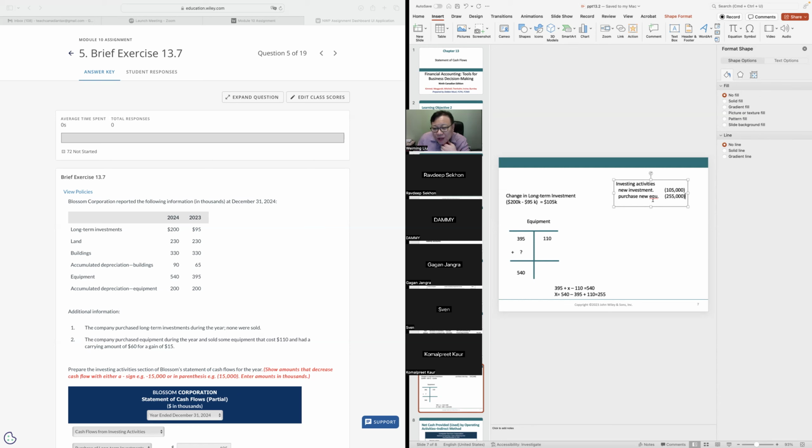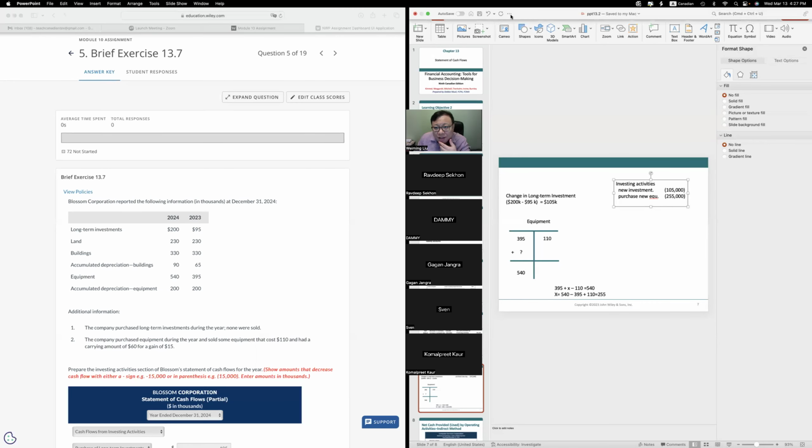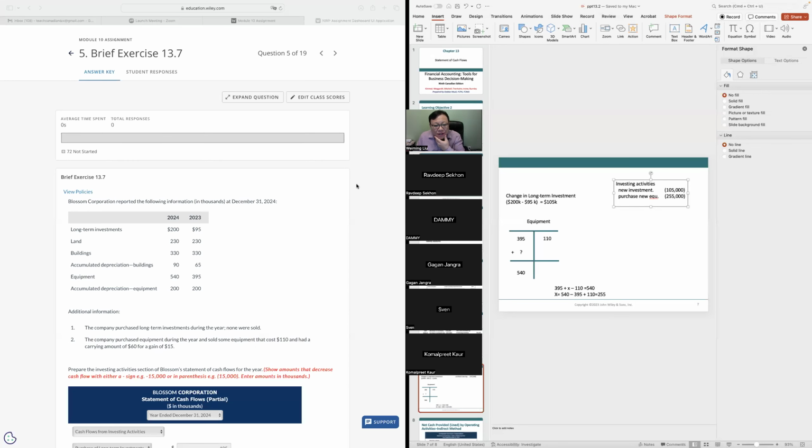Can you think of what else should be part of this? Anything else? There is one last thing we need to consider. Sale, yeah, because you also sell, there's the sale of the equipment, right? So I receive cash proceeds from the sale of equipment.